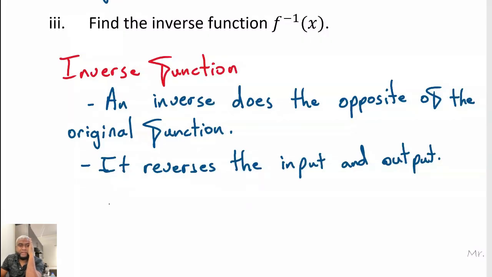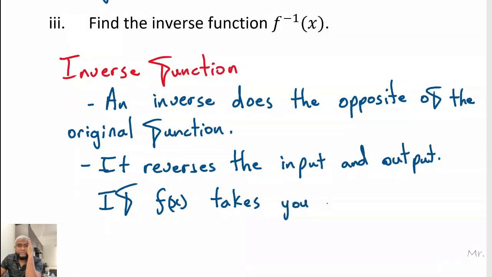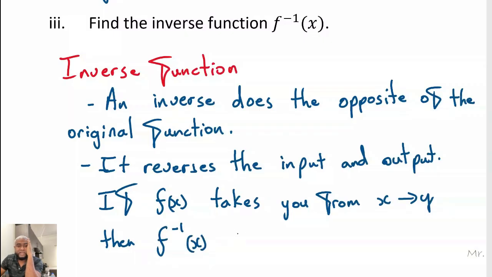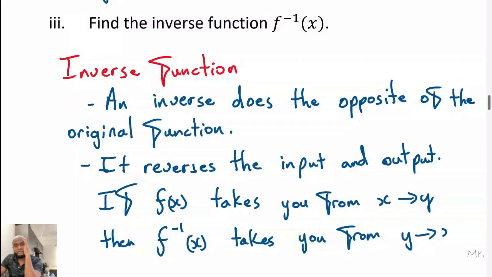So it's like if f of x takes you from x to y, then f negative 1 of x, which is the inverse of f of x, takes you from y to x. All right?